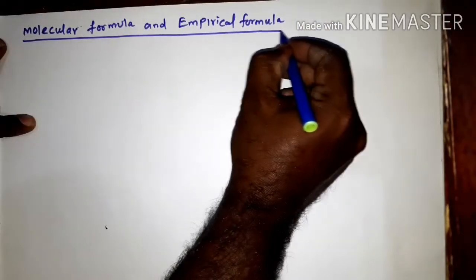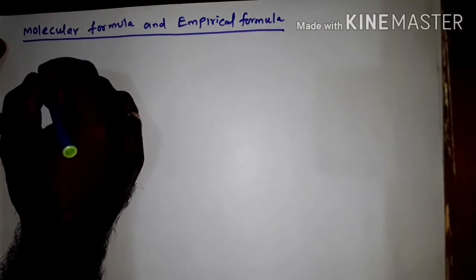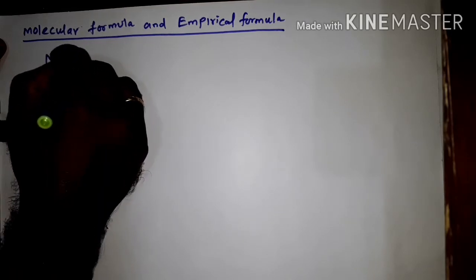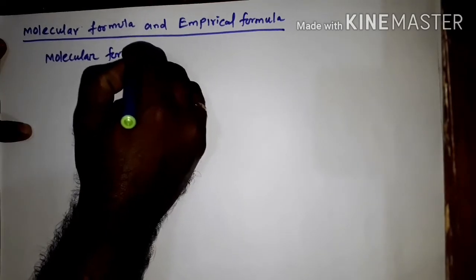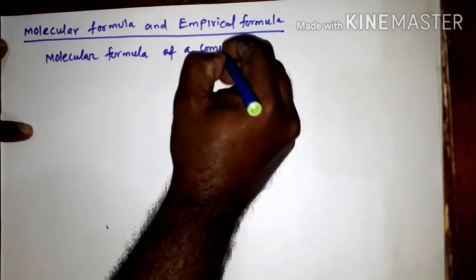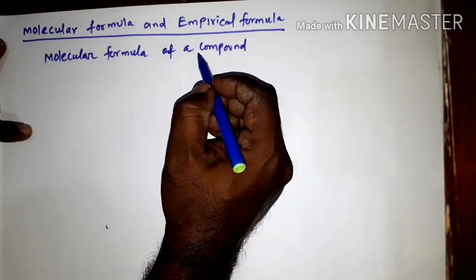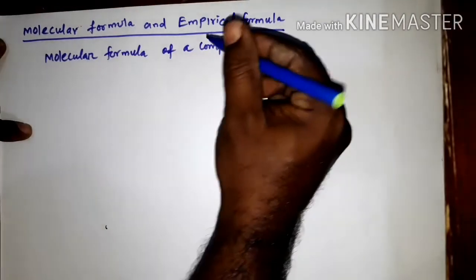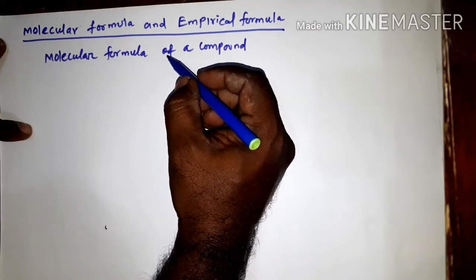Usually the molecular formula of a compound is a molecular formula of a compound. So now we are studying the relationship between molecular formula and empirical formula. From the empirical formula we can easily calculate the molecular formula.